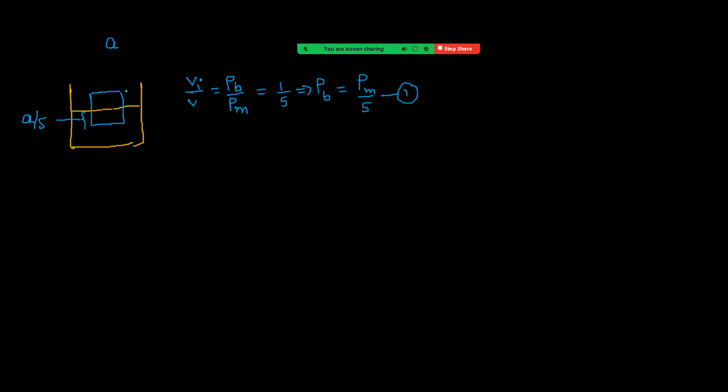Now see what we are doing. We are pouring water here. So when we are pouring water, at the bottom, pressure will increase, because of the weight of the water. So some part of its volume will come out of mercury. That means when we are pouring water, it won't remain one-fifth of the volume. It will be less than one-fifth. So let me make a diagram for that.